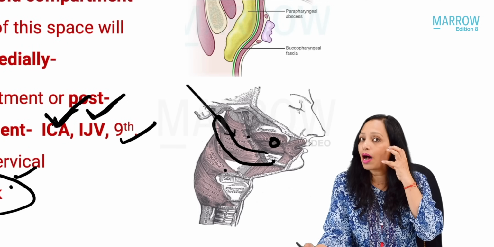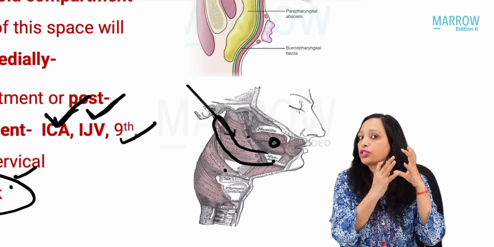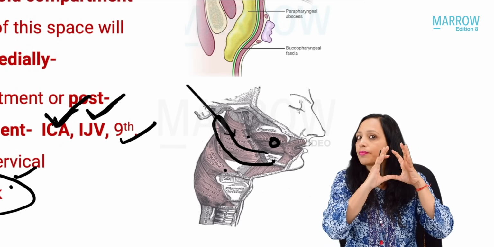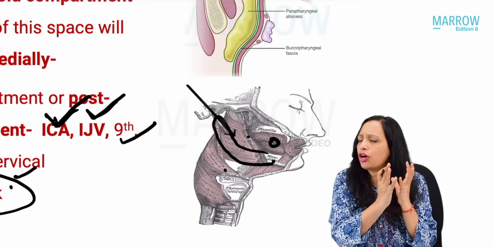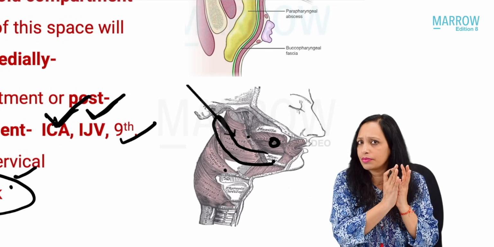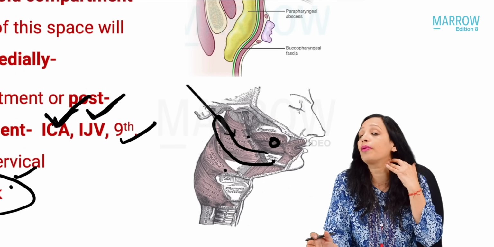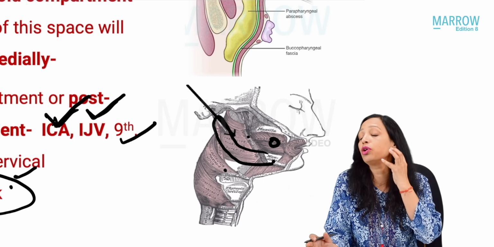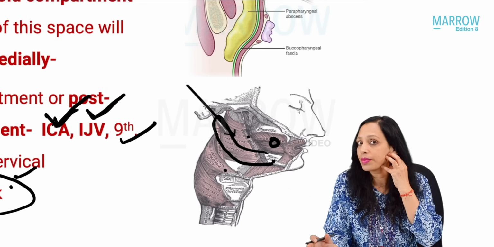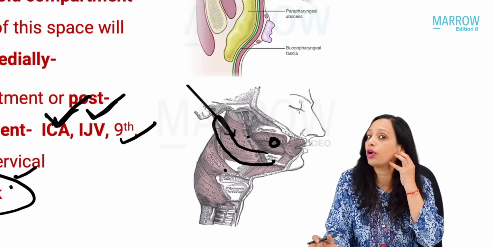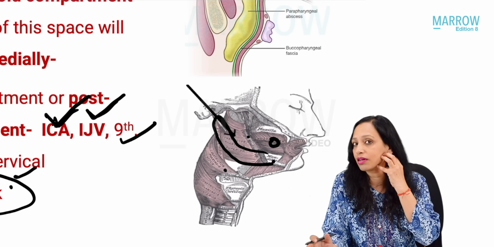So the mass or the abscess in the parapharyngeal space will first tightly, compactly fill the parapharyngeal space. When it is compactly filled, the lower border of the parapharyngeal space is the hyoid, so I will also see an external bulge here. Whether it is the anterior compartment or the posterior compartment, I will see the external bulge here.